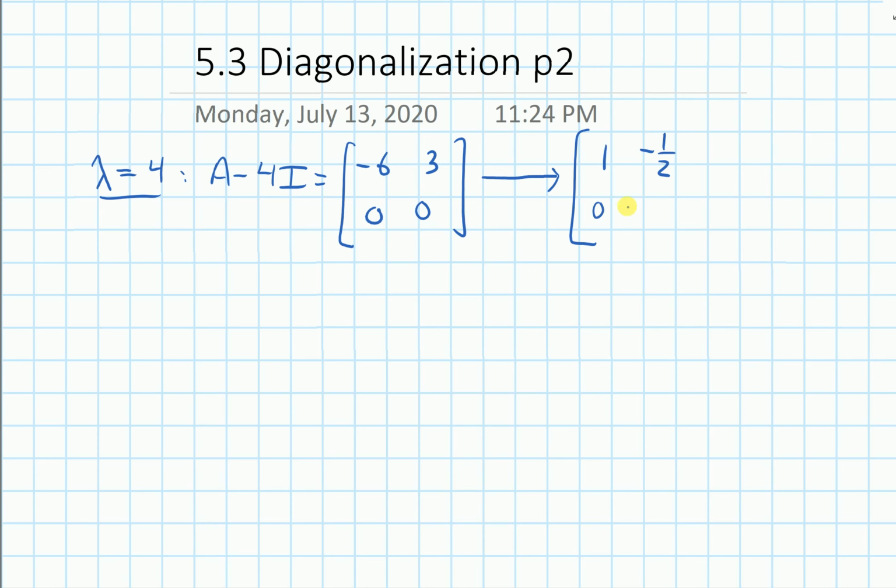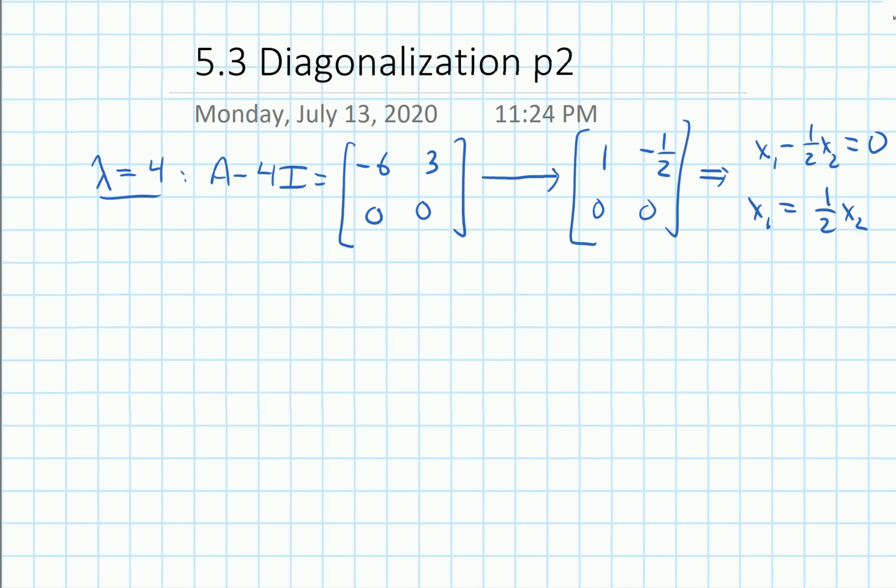Factoring out the free variable, we get x2 times the vector 1/2, 1. So I'm going to let v2 be the vector 1/2, 1.